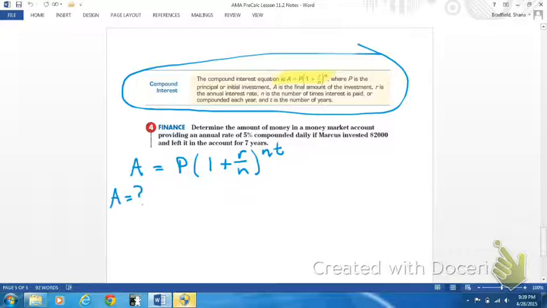It says determine the amount of money in a money market account providing an annual rate of 5% compounded daily if Marcus invested $2,000 and left it in the account for 7 years. So the principal is the initial investment. The rate is 5%, so 0.05, and it's important to note that that was compounded daily.